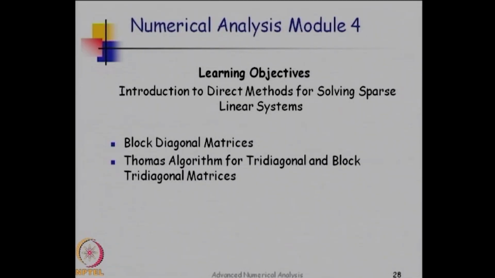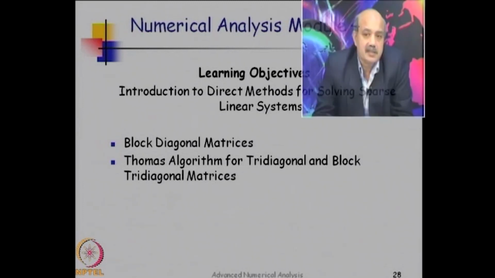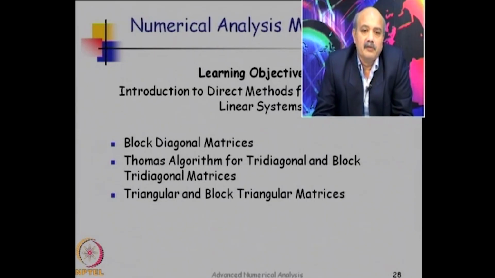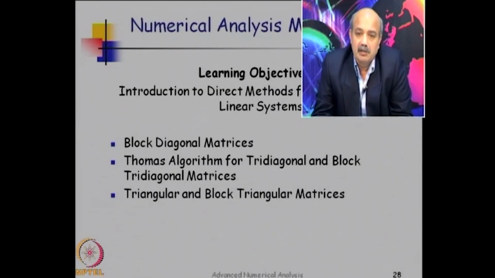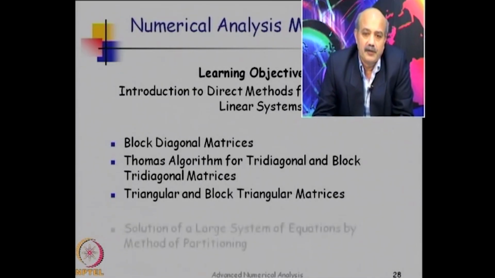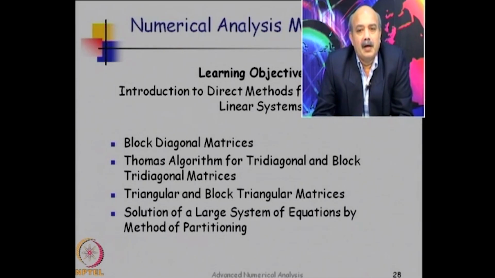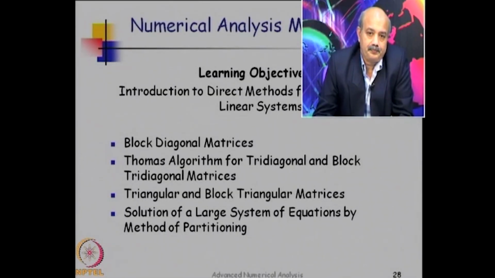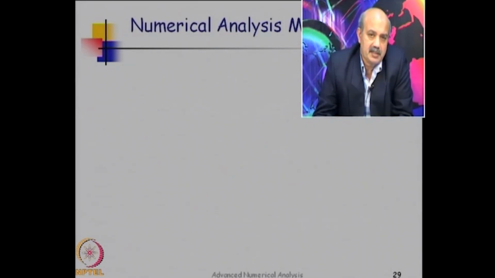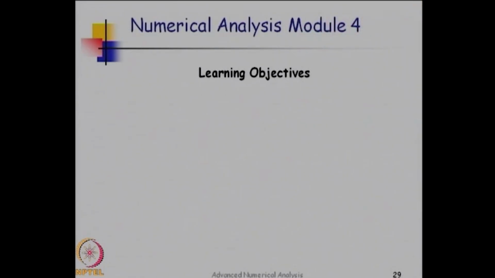I'm going to present the Thomas algorithm for tridiagonal matrices and block tridiagonal matrices. We'll look at triangular matrices and block triangular matrices, but as I said, this is only a brief introduction, and we are going to move on to the iterative schemes. The main thing here is to familiarize you with the notion of sparse matrices, and then maybe when you encounter them you will remember to use them in your application.